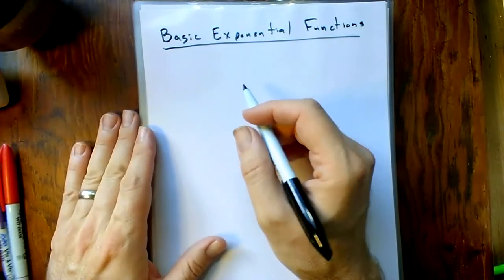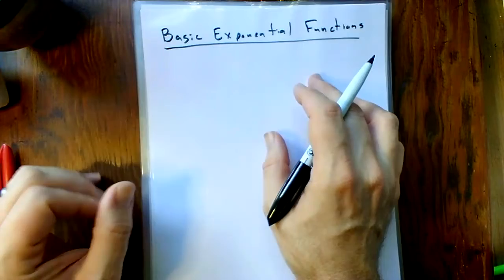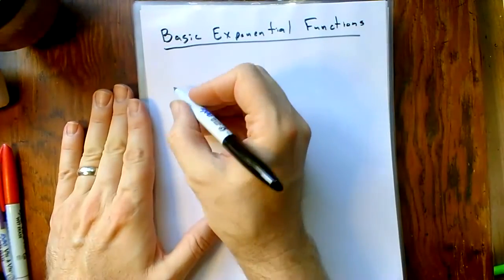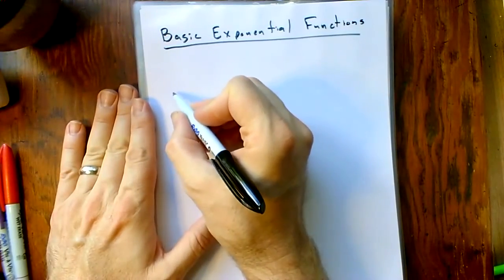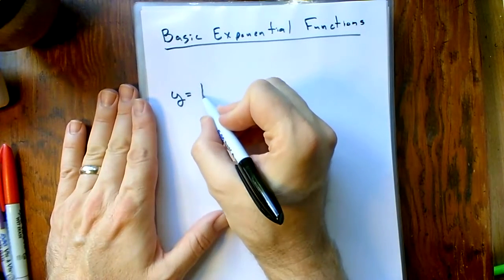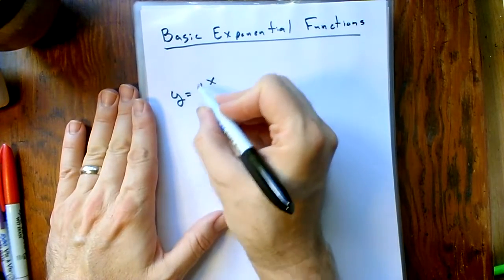Okay, so we're going to be talking a little bit about some of our basic exponential functions. A basic exponential function is just something where I'm looking at a constant base to a varying exponent.